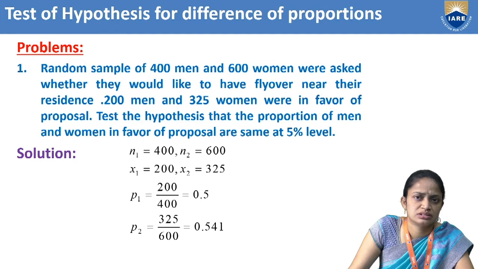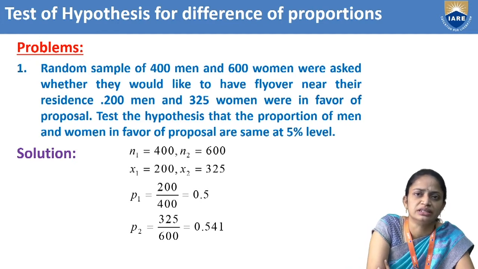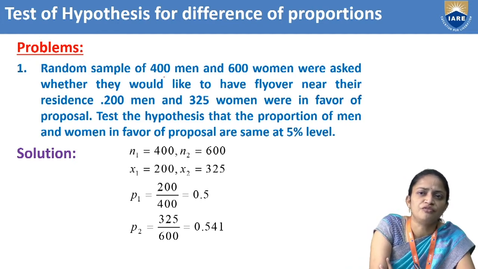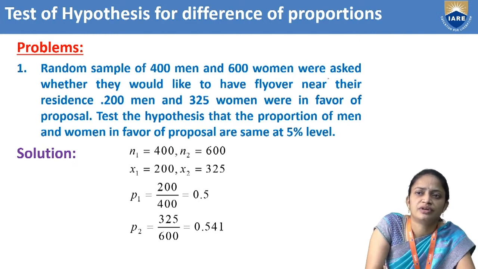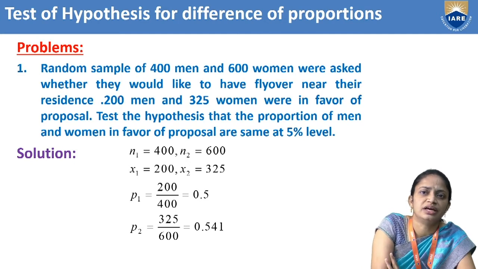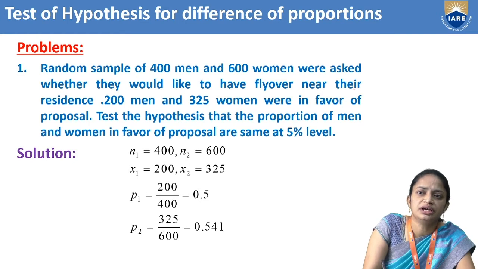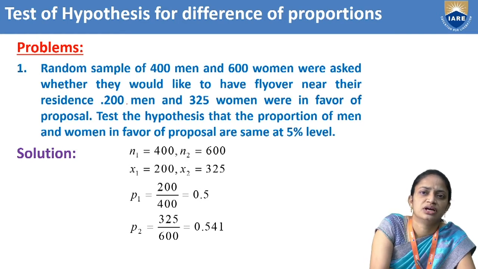Problems. Our first problem: a random sample of 400 men and 600 women were asked whether they would like to have a flyover near their residence. 200 men and 325 women were in favor of the proposal.